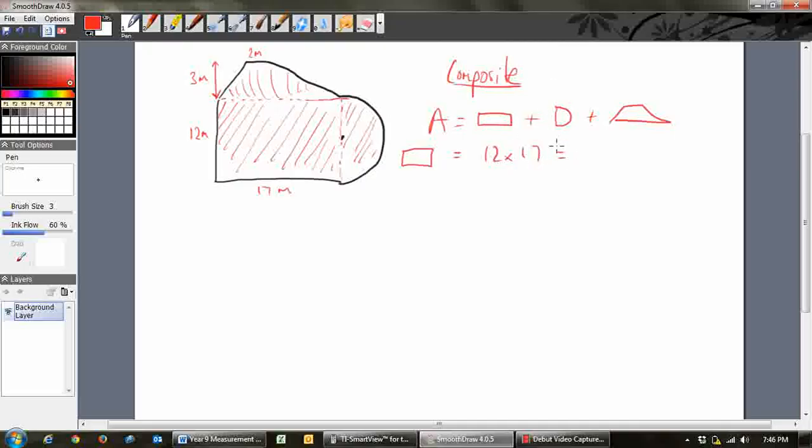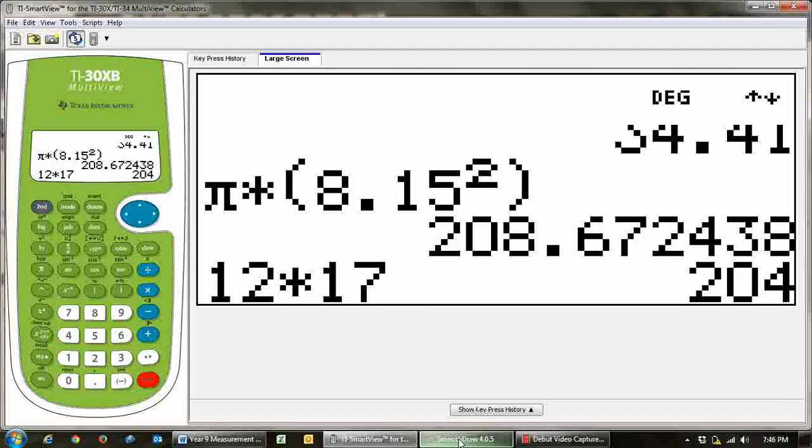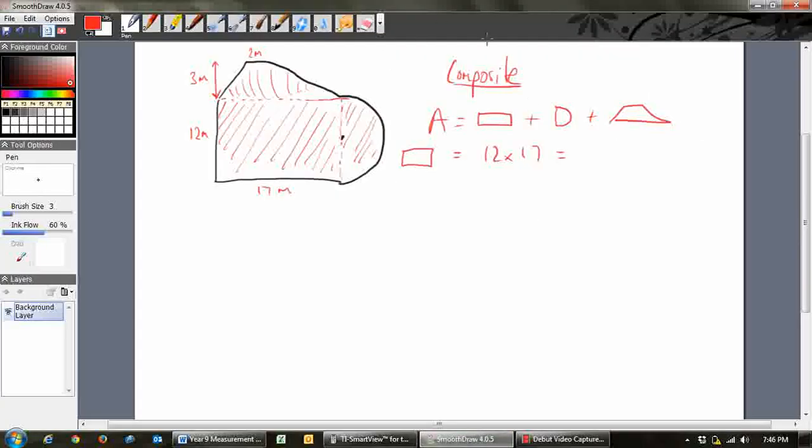12 times 17, I'm just going to get the calculator out. I should do that in my head, shouldn't I? You'll forgive me. 12 times 17, 204. So that's equal to 204, that's easy, that's that first bit. Half the circle is equal to half of pi r squared.